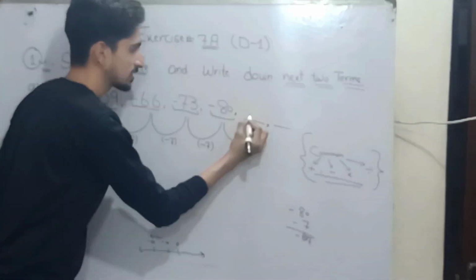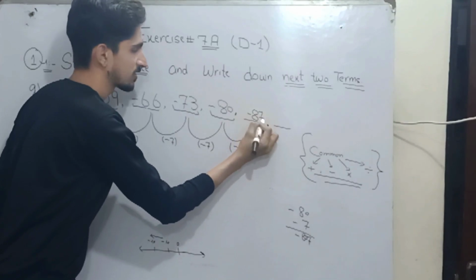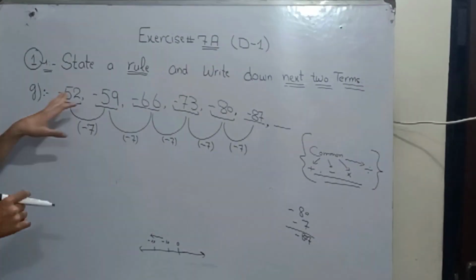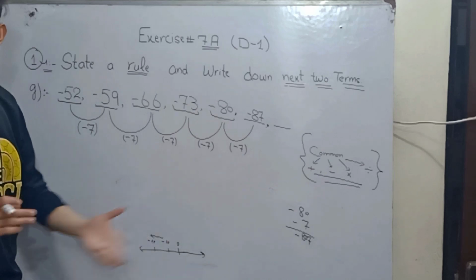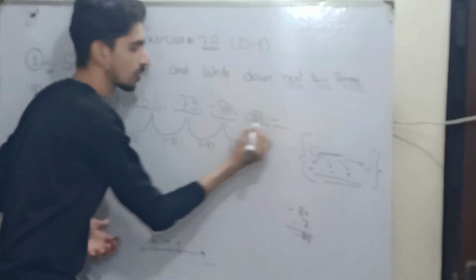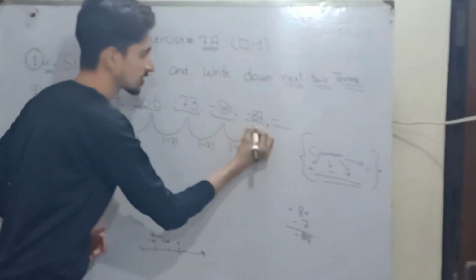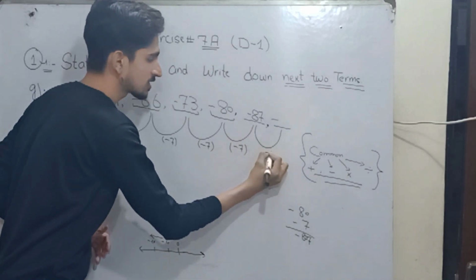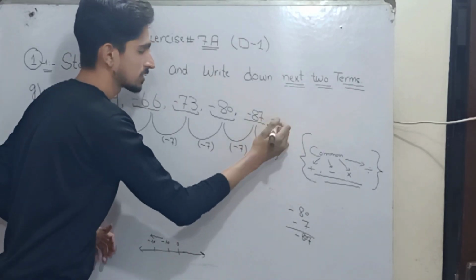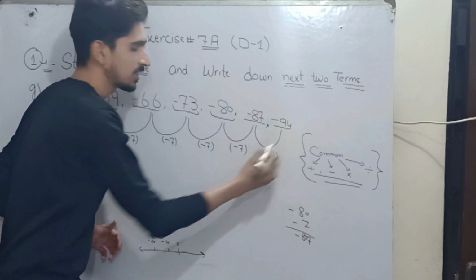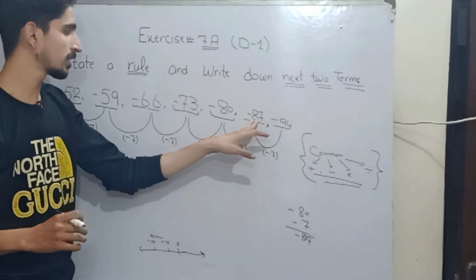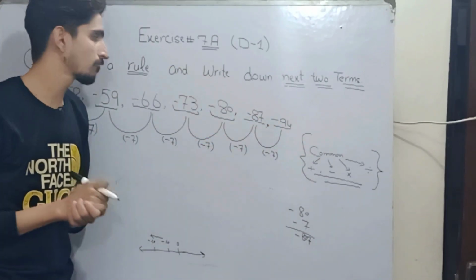It means that it will be minus 87. Check that in each case the answer will be in the negative sign. So again that will also be negative. Now subtract 7 from it, and we get minus 94. It means that the next two terms will be minus 87 and minus 94.